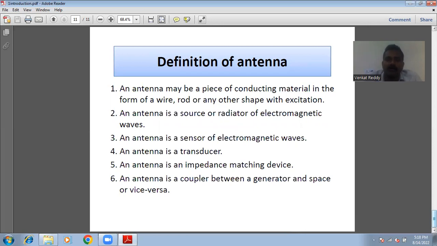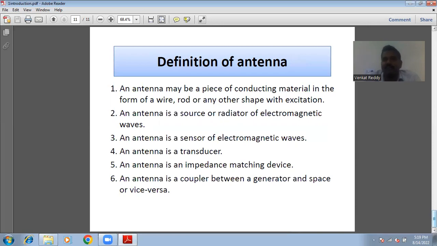The learning outcome of today's class is that you should be able to define an antenna. If somebody asks you, as an electronics engineer, what is an antenna, and you are not able to define it, they will definitely have a bad impression.